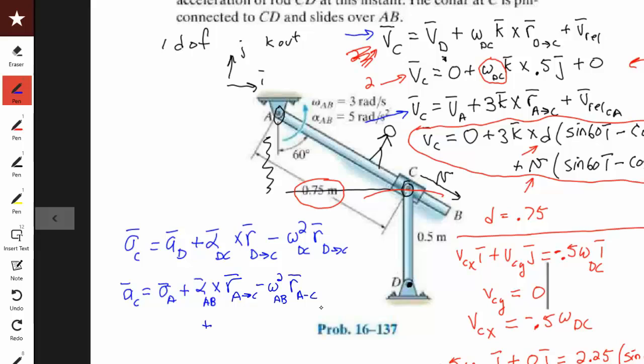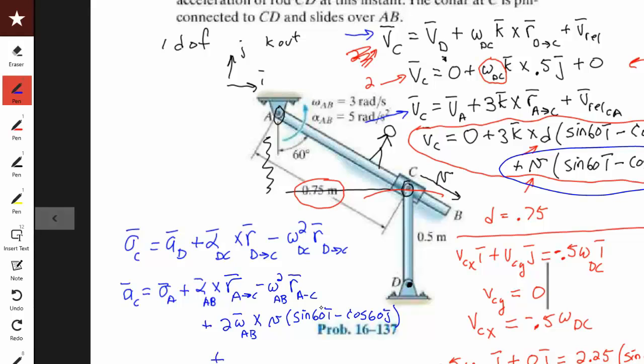plus 2 omega of AB cross V rel. Okay, so the V rel I have right over here. Go ahead and put that in there. Cross V, sine of 60 I minus cosine of 60 J, plus A rel.